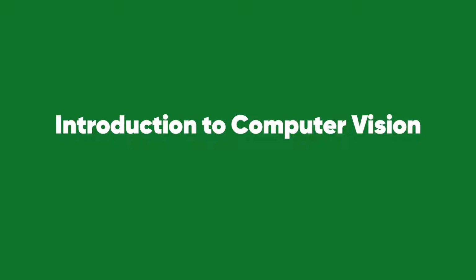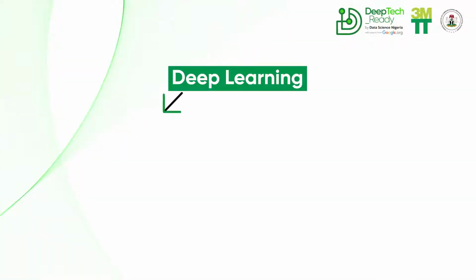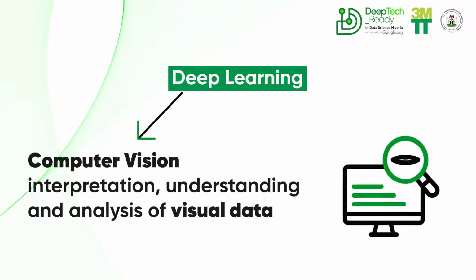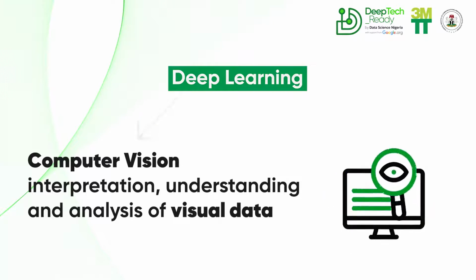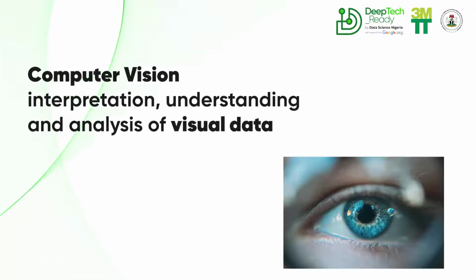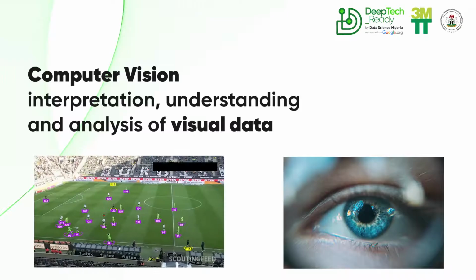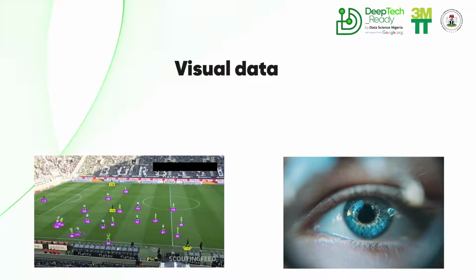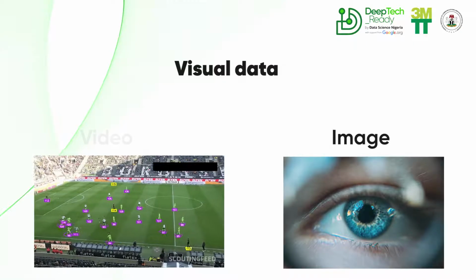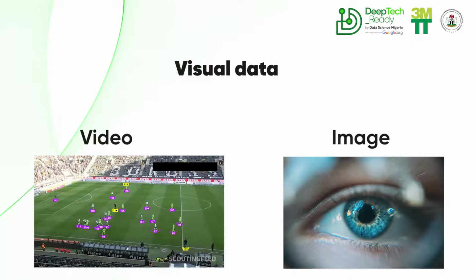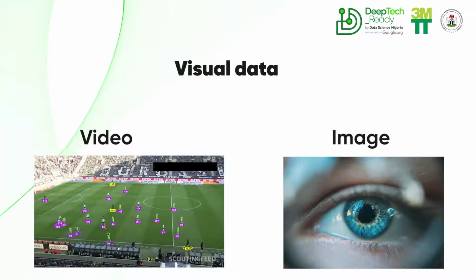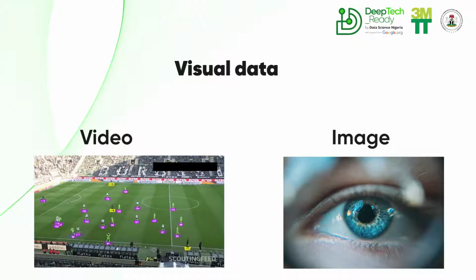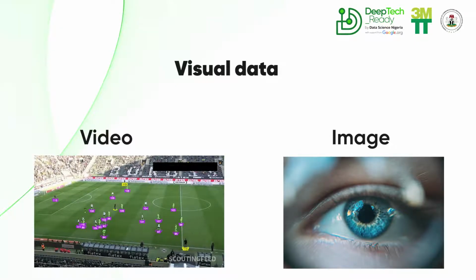So, what is computer vision? Computer vision is an aspect of deep learning that deals with the interpretation, understanding, and analytics of visual data like images and videos. So, what do we mean by visual data? Visual data is simply images or videos because they are data that has to do with the visual view of what we can see or what we can perceive by looking at something visual.